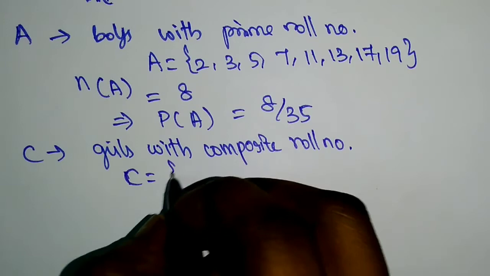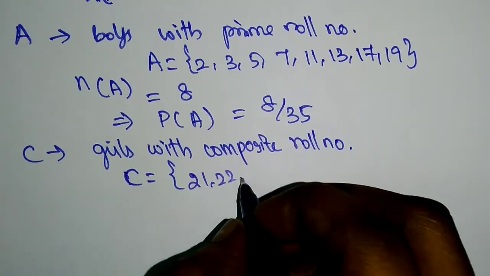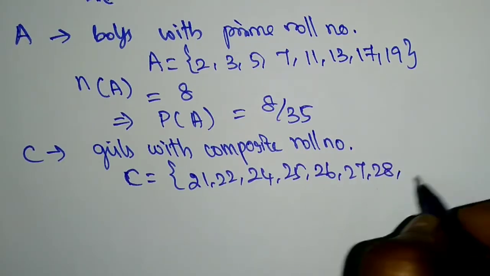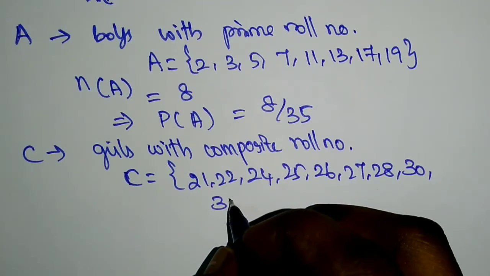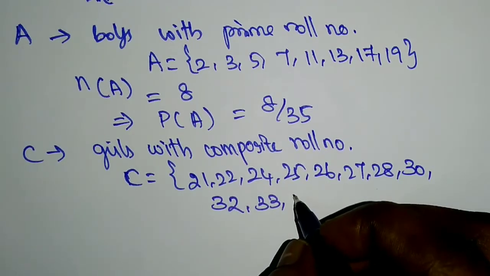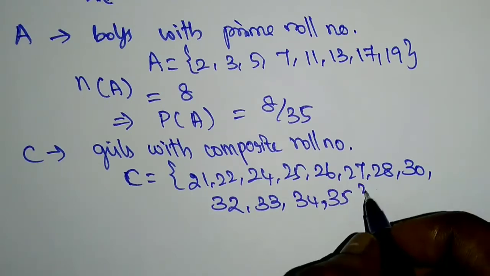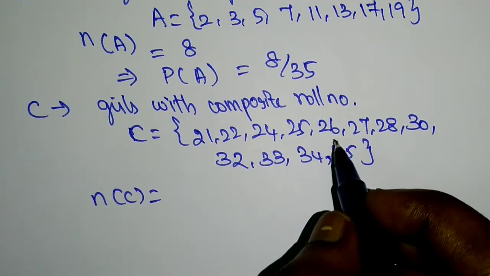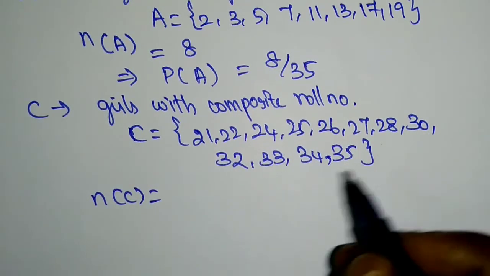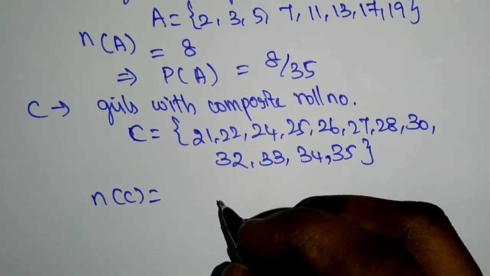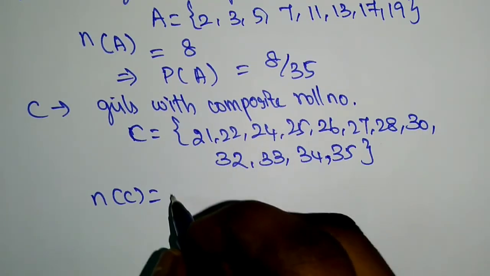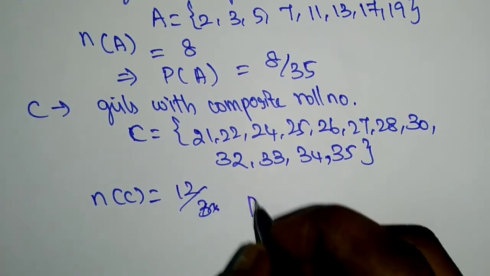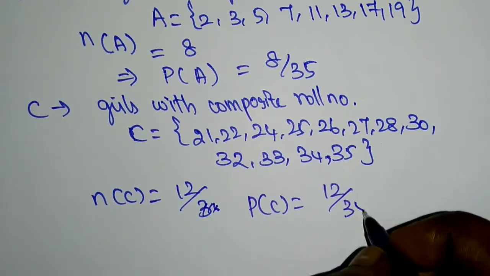So C is equal to 21, 22, 24, 25, 26, 27, 28, 30, 32, 33, 34 and 35. So n of C is equal to 12, and P of C is equal to 12 divided by 35.